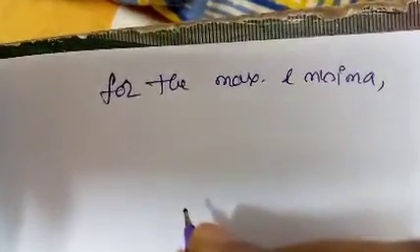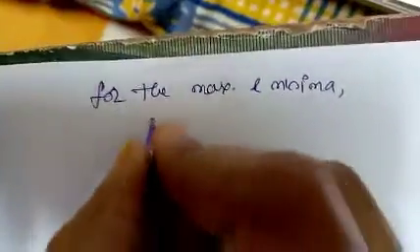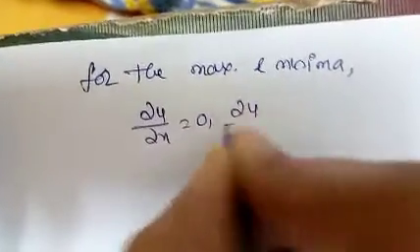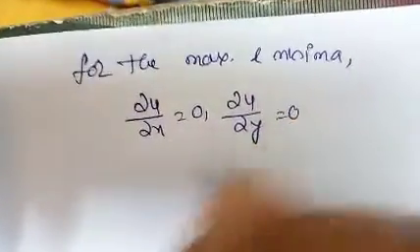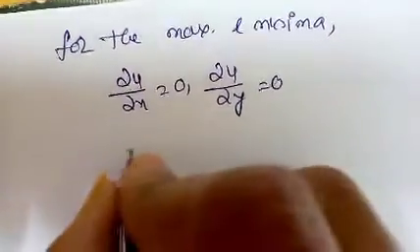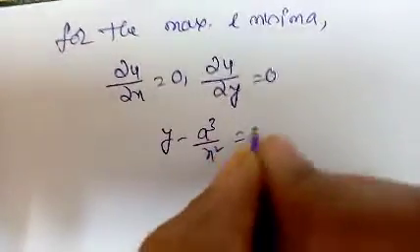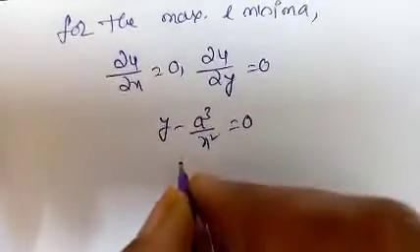So now for the maxima and minima, dou u by dou x equal to 0 and dou u by dou y equal to 0. So which implies y minus a cube by x square equal to 0.